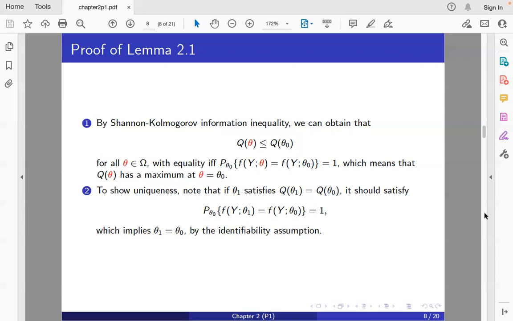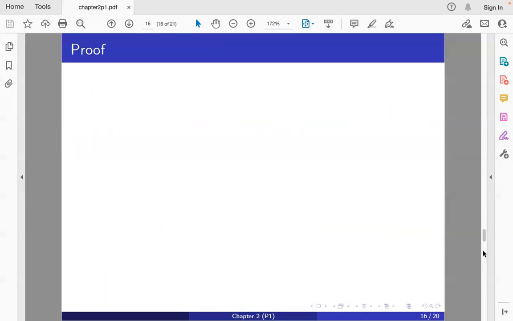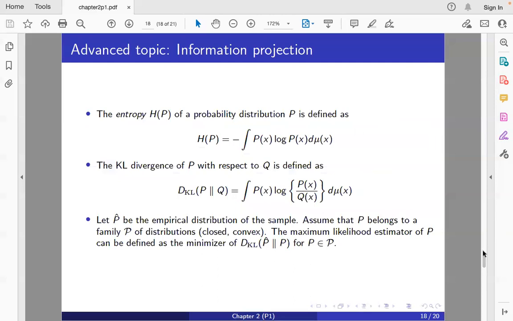It's a little bit slower than I planned, but that's okay. Here's an interesting point. Let's assume that P hat is the empirical distribution. The empirical distribution has a jump at each data point.